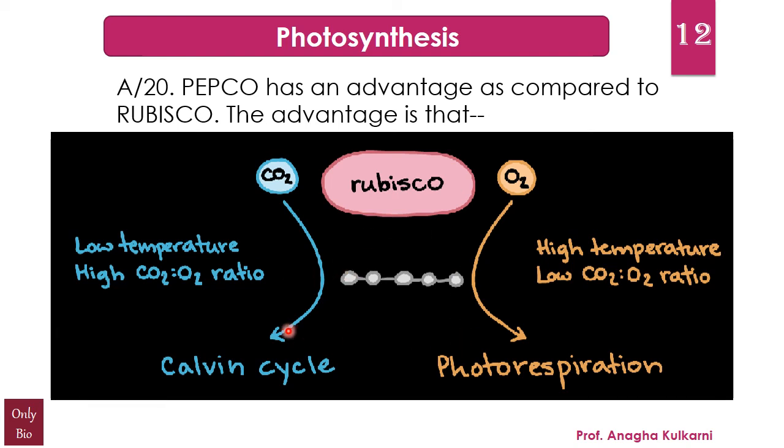Rubisco and how does Rubisco function actually, right? In presence of low temperature and high carbon dioxide to oxygen ratio, it performs the Calvin cycle. And in case of high temperature and low carbon dioxide to oxygen ratio, it goes for photorespiration, which really is never going to be good for the plant because it destroys the fixed carbon, right?